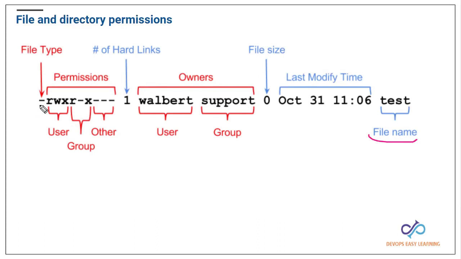The first hyphen in front of the permission means this is a file. If this was a D here, it means it is a directory.